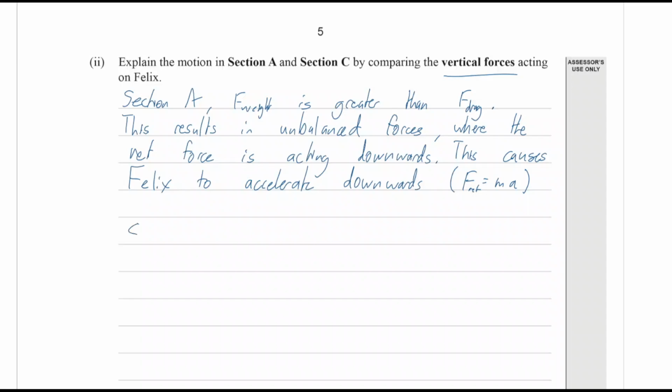All right. Whereas in section B, the weight force is equal to the drag force. This results in balanced forces, balance meaning they're equal and opposite.